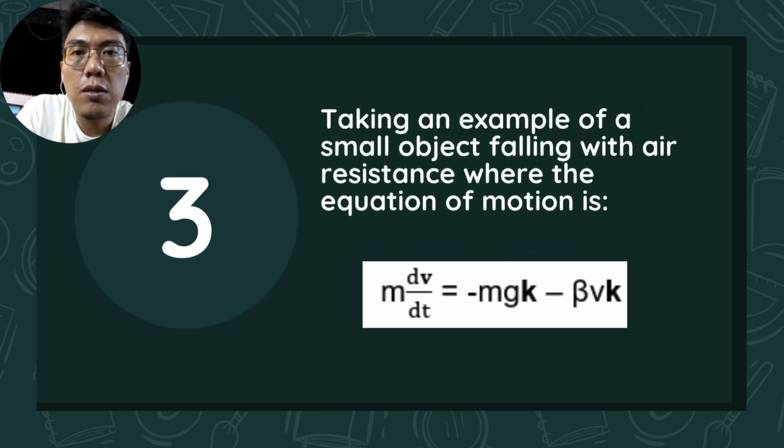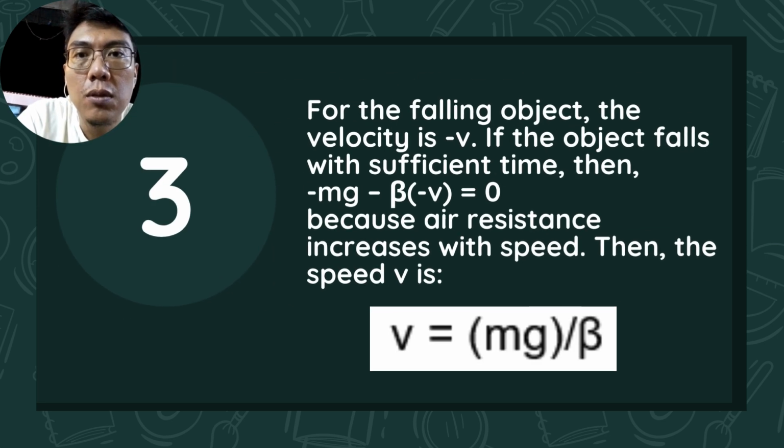For example, for a small object falling with air resistance, the equation is as follows: m dv over dt equals mg minus beta v. For a falling object, the velocity is minus v.